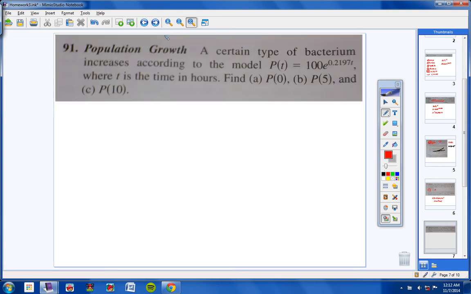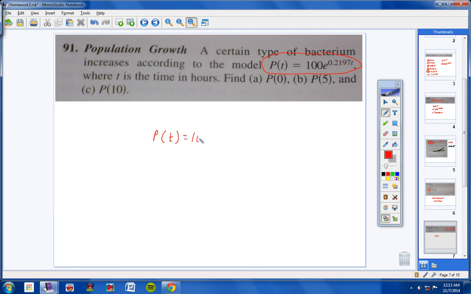A certain type of bacteria increases according to this model right here. Now, T is time in hours. Find the following. So here's what they want us to do. They want us to put 0 in for T, first of all.